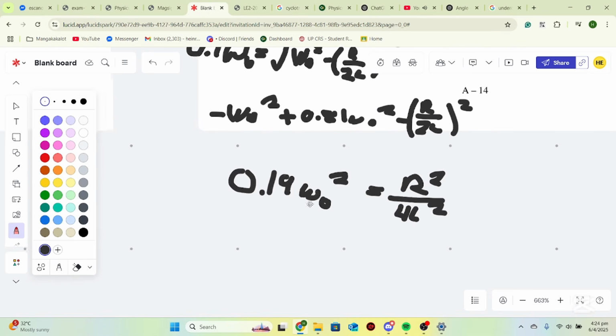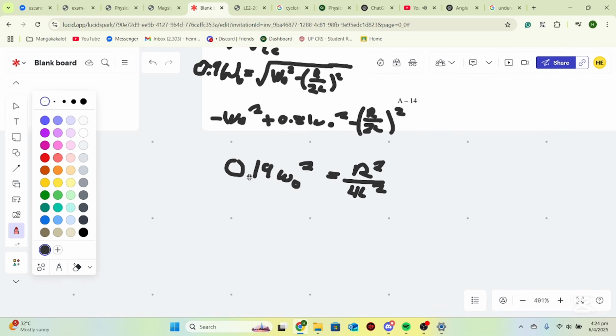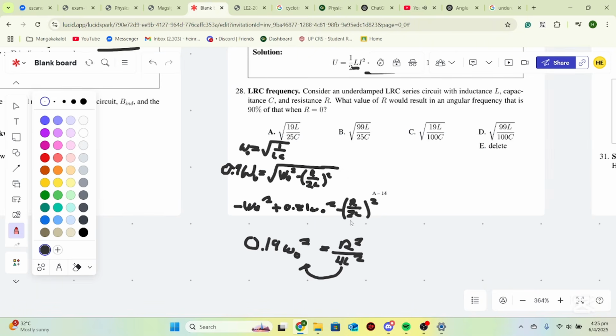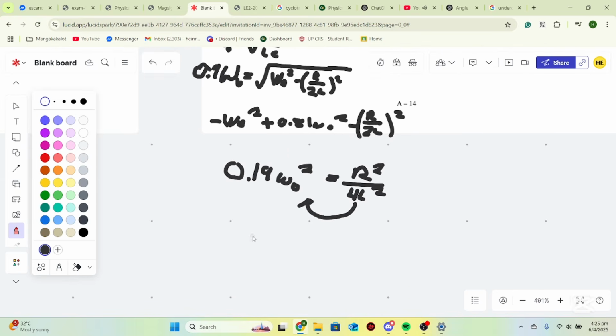And then we can substitute the W naught for 1 over square root of LC. So it becomes 0.76 L squared W naught squared is equal to R squared.